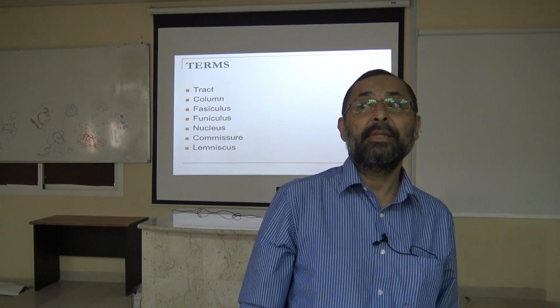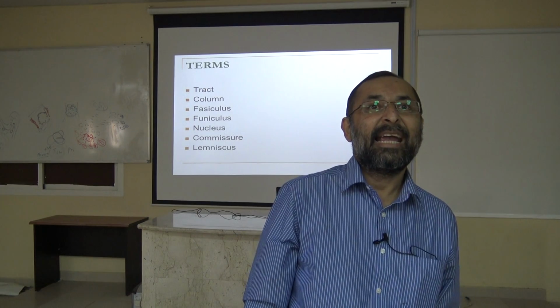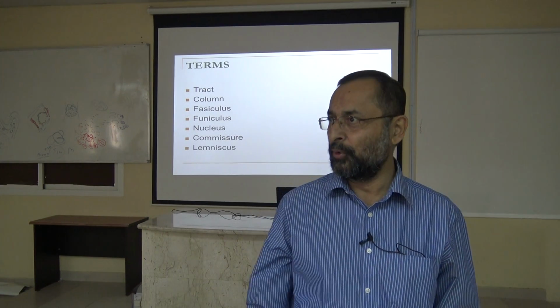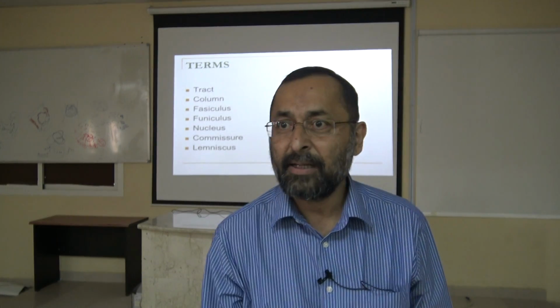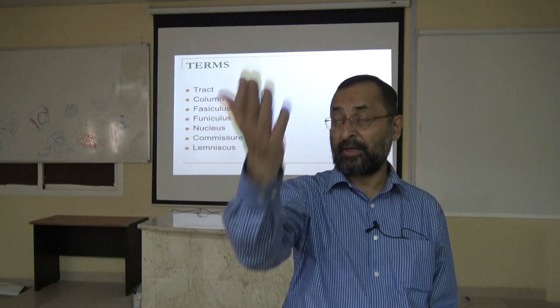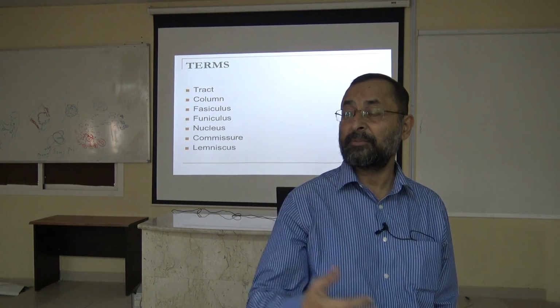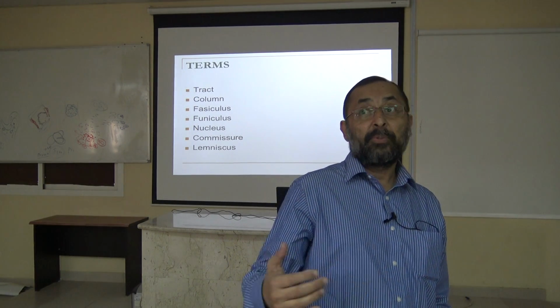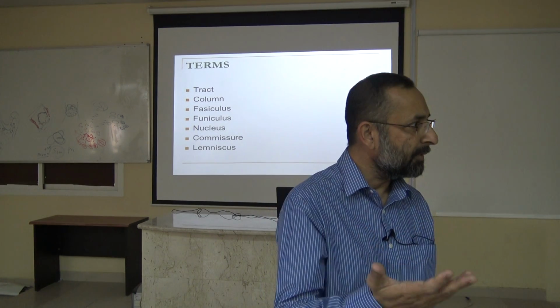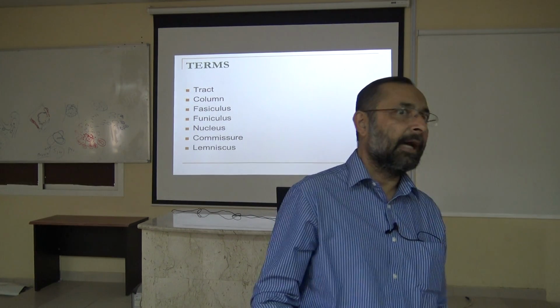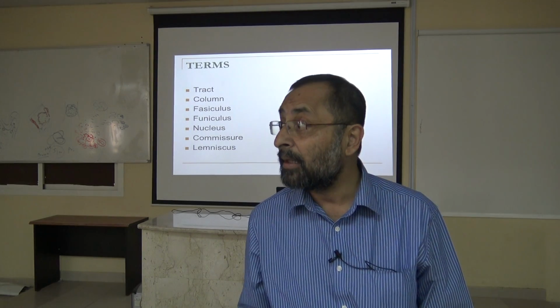Lemniscus is used in the sensory system, usually carrying sensations of different types. The examples are spinal lemniscus, which is traveling in the brain after crossing the spinal cord. Could be a medial lemniscus, which is also present in the brain, going up. Lateral lemniscus, and there is a trigeminal lemniscus.